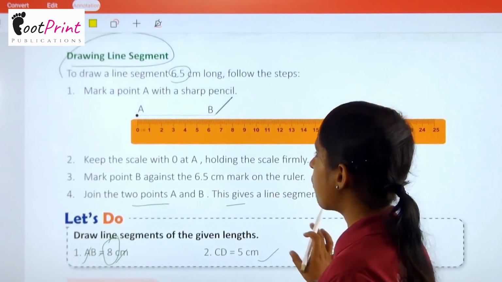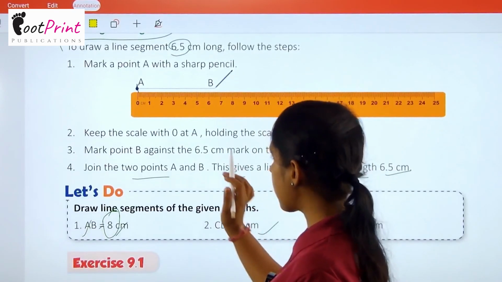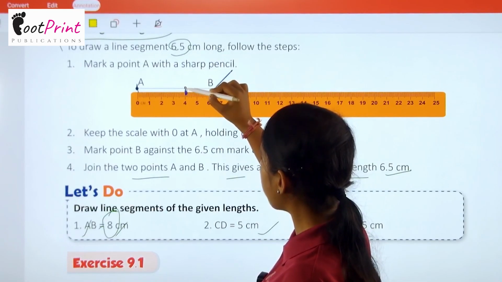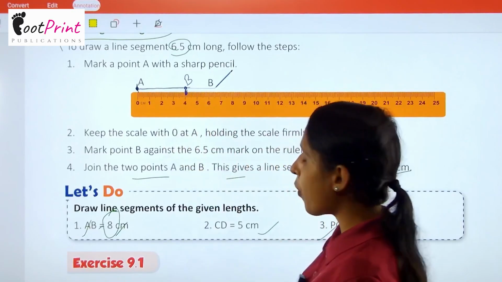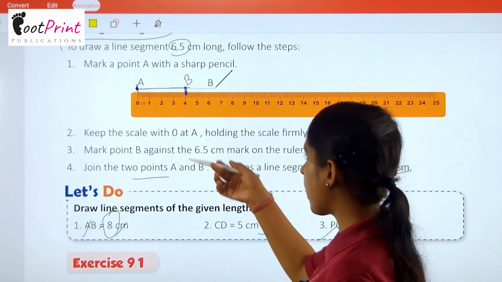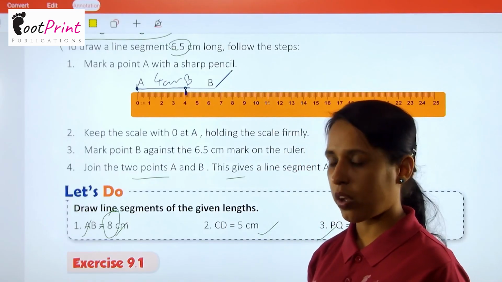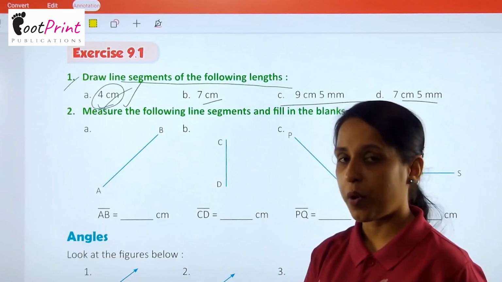So for 4 centimeter we mark a point A, then we find on the scale where 4 is. 4 is here, and we put a point here and write B, and then join both points A and B. So it becomes a 4 centimeter line segment AB. You can write PQ, XY, whatever you want. The rest of the parts you will do by yourself.